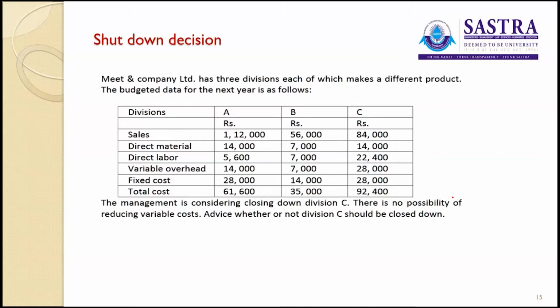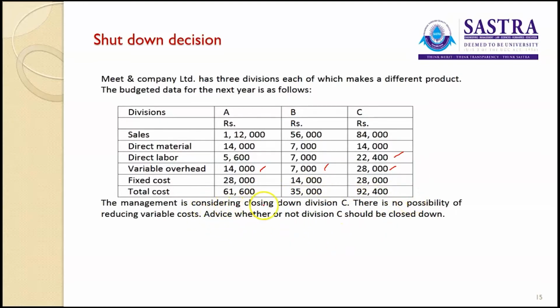Now we have divisions A, B and C. We have sales 1,12,000 for A, 56,000 for B, 84,000 for C. Direct material 14,000 for A, 7,000 for B, 14,000 for C. Direct labor 5,600 for A, 7,000 for B, then 22,400 for C. Then variable overhead 14,000 for A, 7,000 for B, 28,000 for C. Fixed cost 28,000 for A, 14,000 for B, 28,000 for C. Then total cost we have 61,600, 35,000 and 92,400.